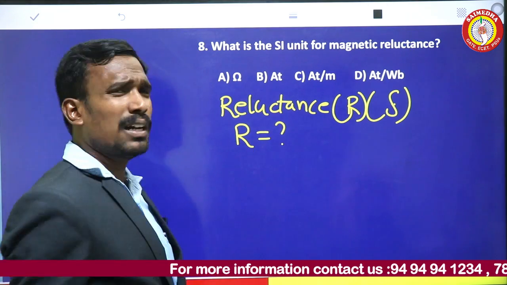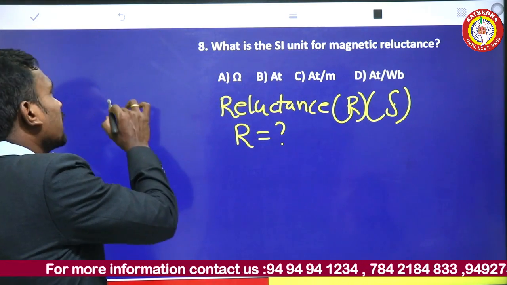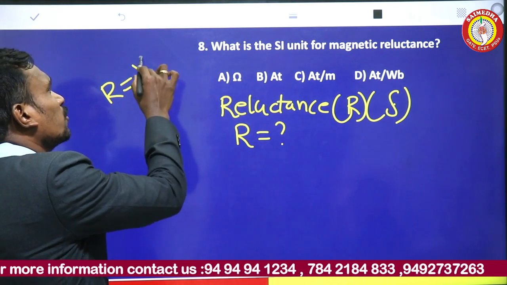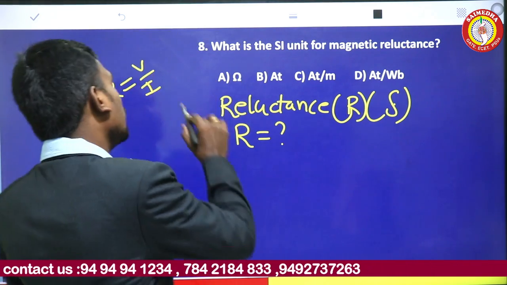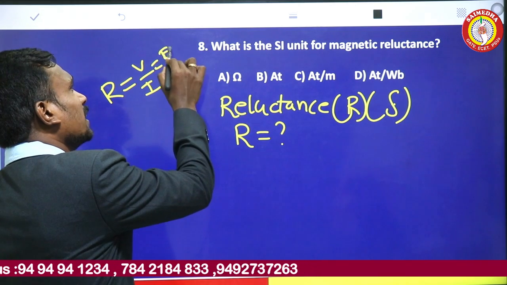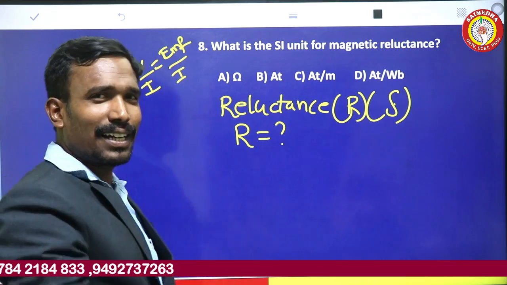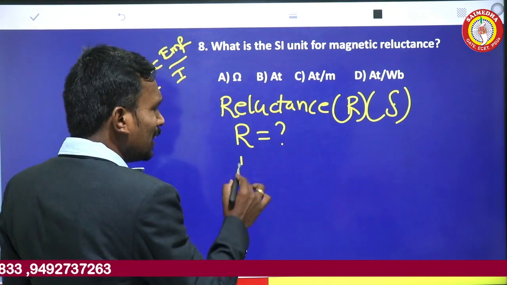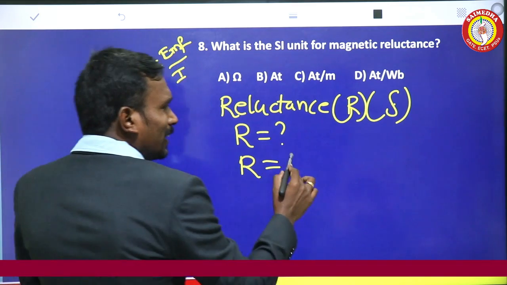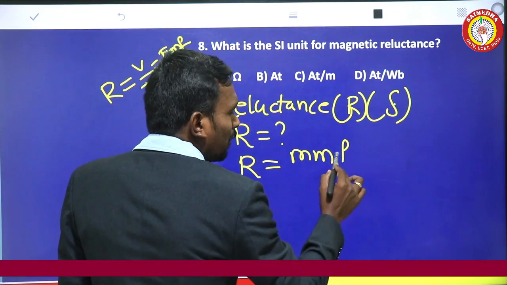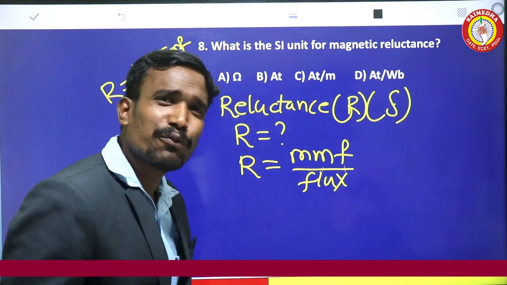Then what is the formula for reluctance? Generally resistance R is equal to V by I. Here V is nothing but EMF, so EMF by current. Then reluctance, if this is EMF by current, is MMF by flux.